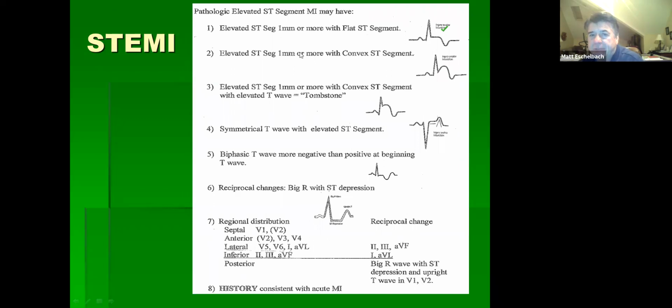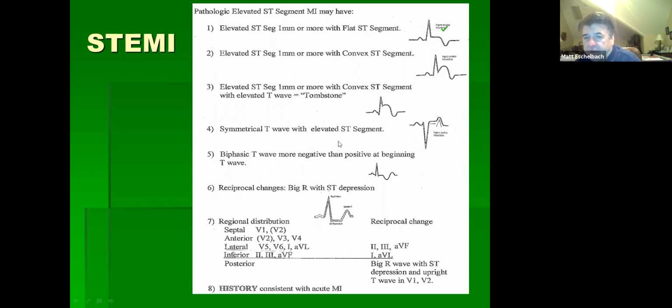What is a STEMI? ST elevation of 1 millimeter or more with a flat ST segment, 1 millimeter with a convex ST segment, an elevated ST segment with a convex shape, or a tombstone here.